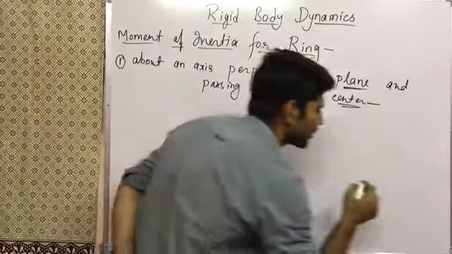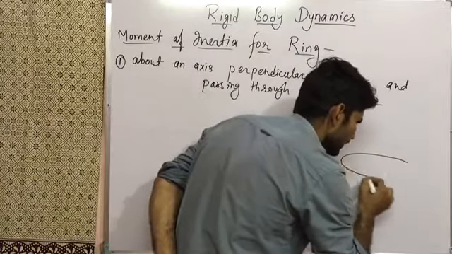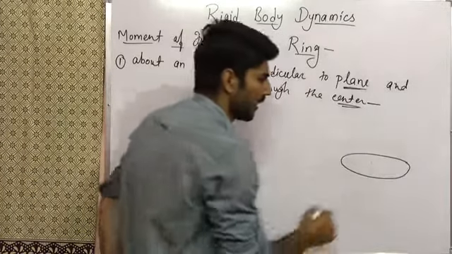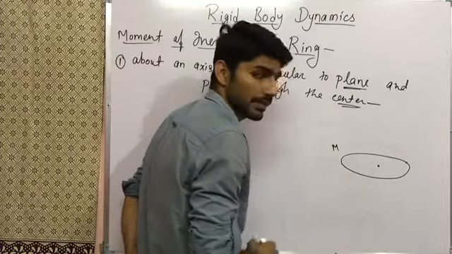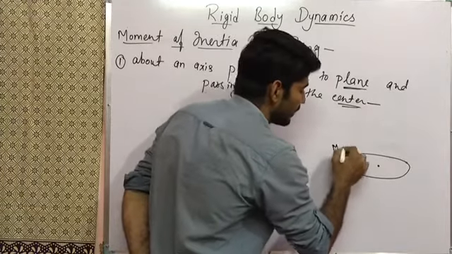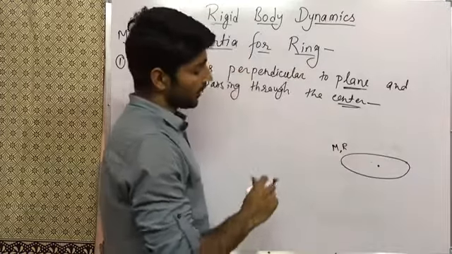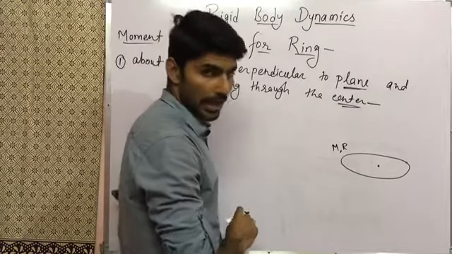Here we make a diagram to make it clear. Here is the ring and this is the center of the ring. We assume the mass of the ring is capital M and the radius of this ring is capital R.